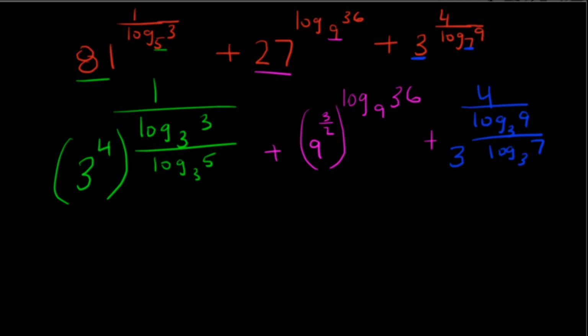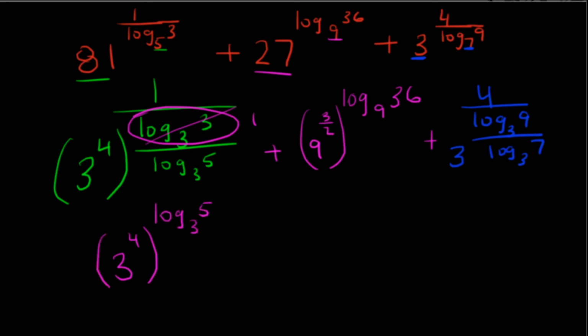So let's take this step by step. Log base 3 of 3 is just 1. So that's really 1 over log base 3 of 5. I can rewrite that as just log base 3 of 5. For the next term, I have an exponent to an exponent, so I'm going to multiply that.